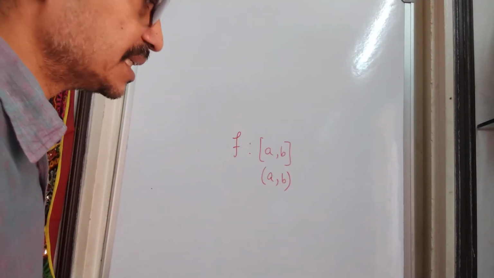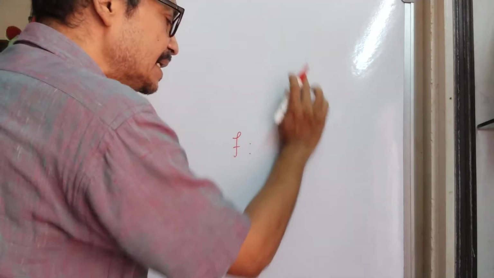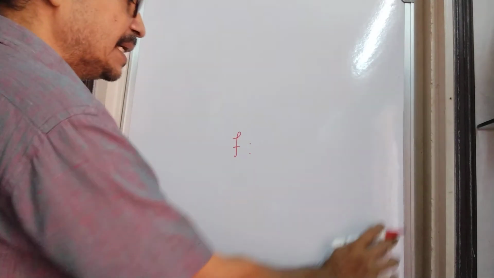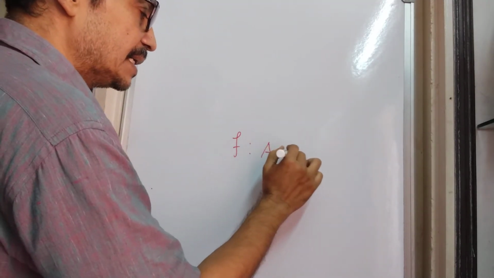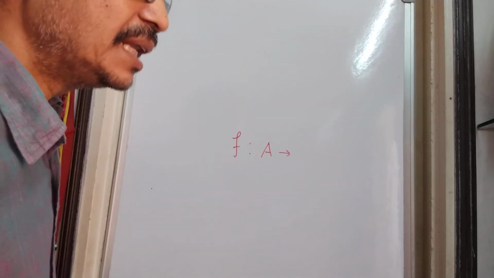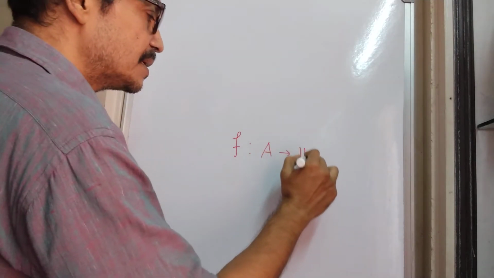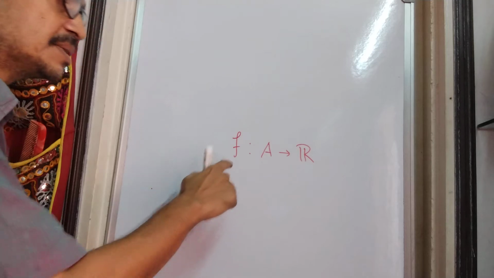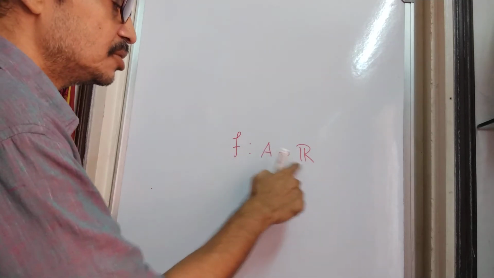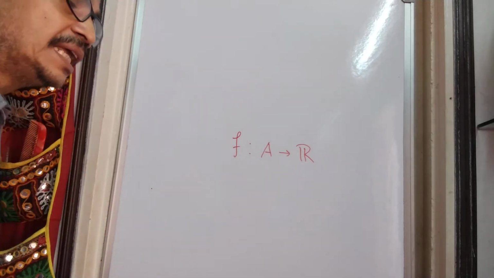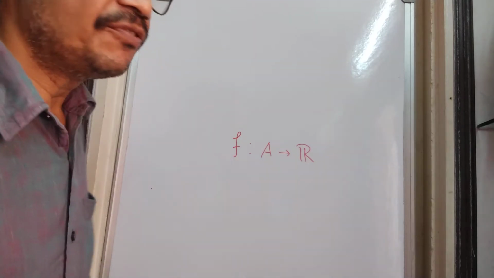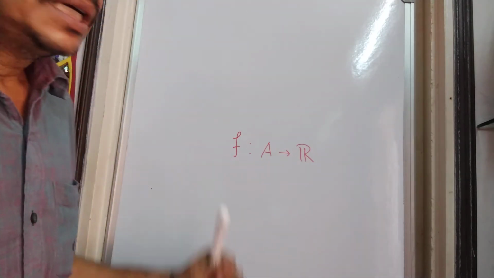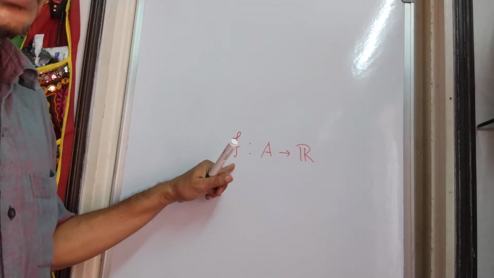The domain of definition, we better write it as capital A, a set of real numbers, and this function maps this domain of definition to real numbers. That is why it is called a function of real numbers or a real valued function.